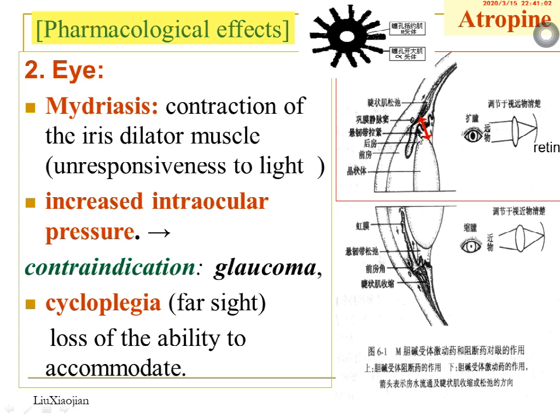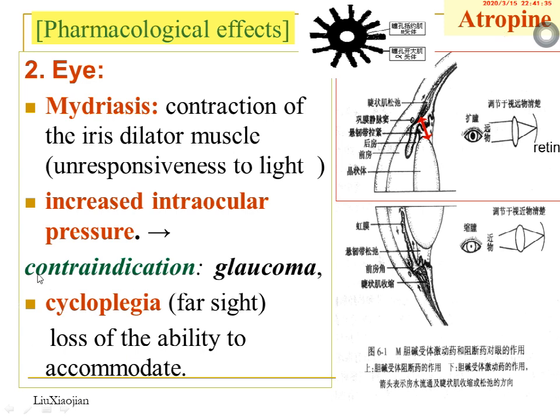So it will induce increased intraocular pressure. Here, I think you can understand that especially for patients with glaucoma, atropine can increase intraocular pressure and worsen this disease. So we usually consider glaucoma one contraindication for atropine.